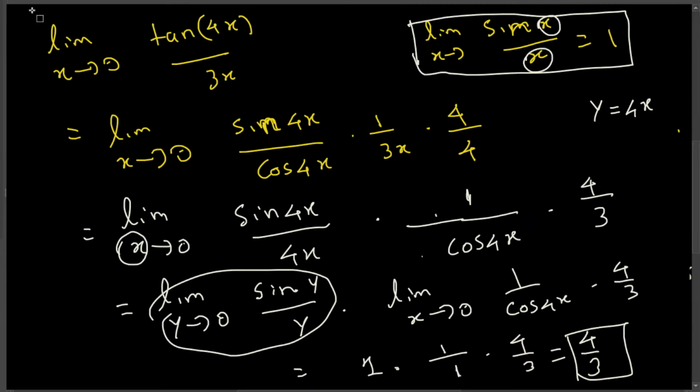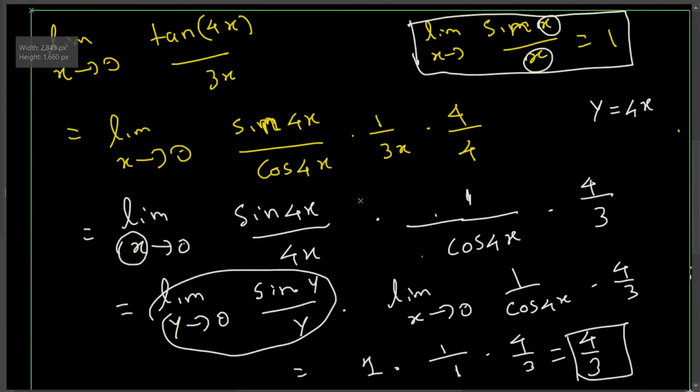I'm going to erase this one. Let's say we have a trigonometric function given like this: limit x approaches 0, 7 times 1 minus cos x divided by x. If you watched the first part of this video, we had two equations.